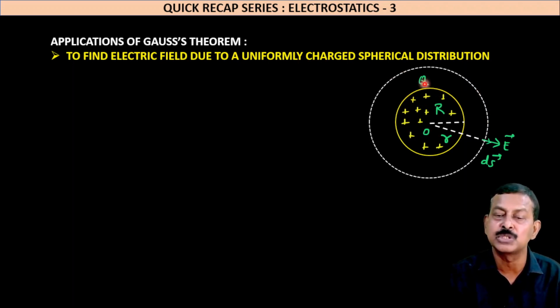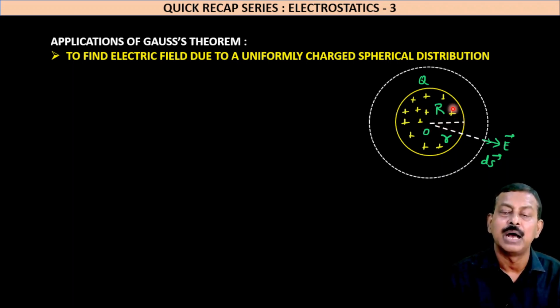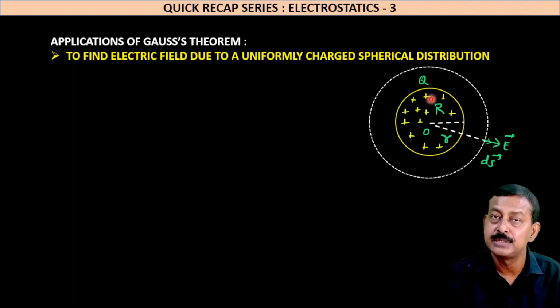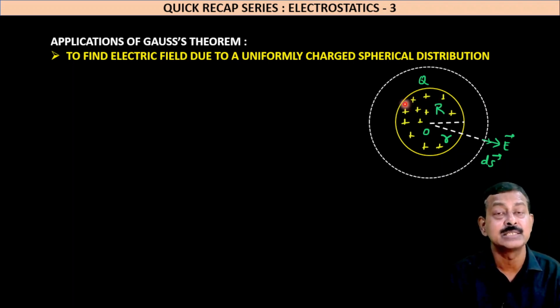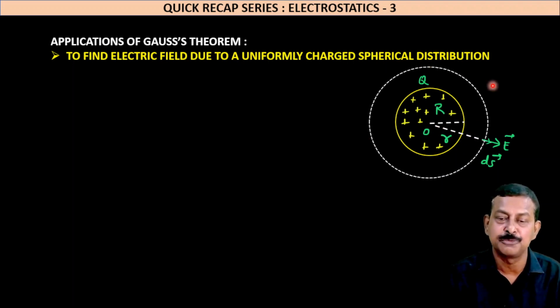Suppose capital Q is the charge distributed all over the volume of this spherical distribution, and we have taken its radius as capital R. Again, to find the electric field at a distance small r, we'll take a concentric spherical Gaussian surface of radius small r. This will be the Gaussian surface which we have taken.